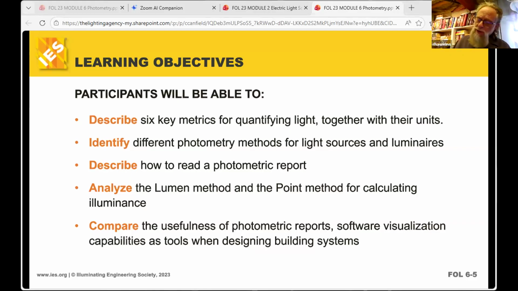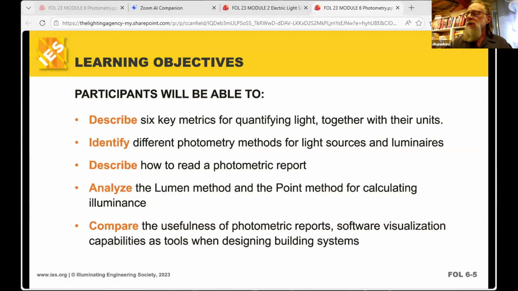What I did when I went to class is I had a cheat sheet that described each of the six key metrics and how they related to the others. That helped me a lot as time went on to figure out how things interacted. So don't be intimidated. You'll get through it.